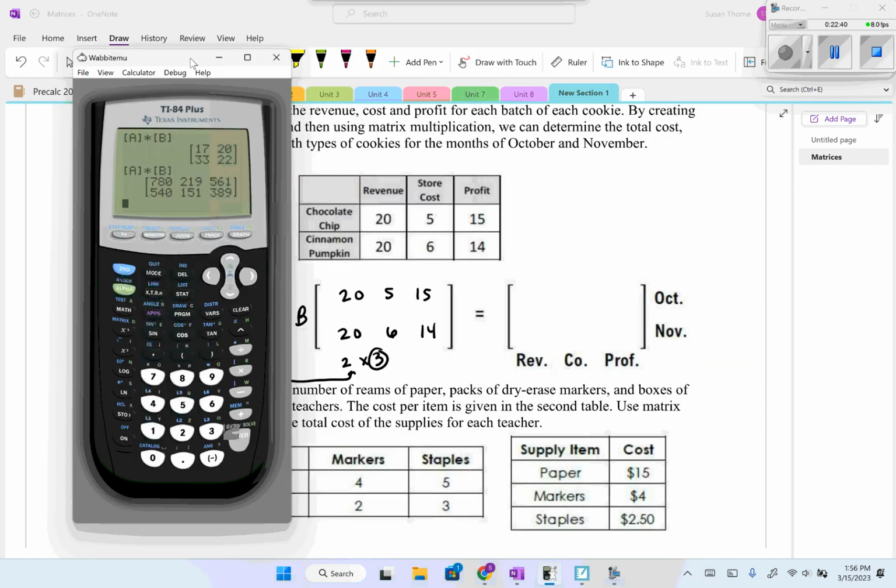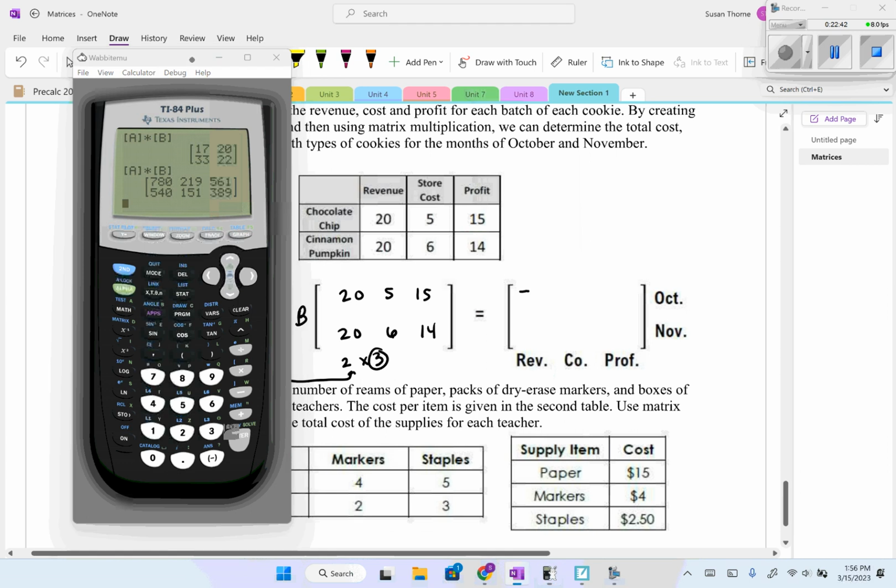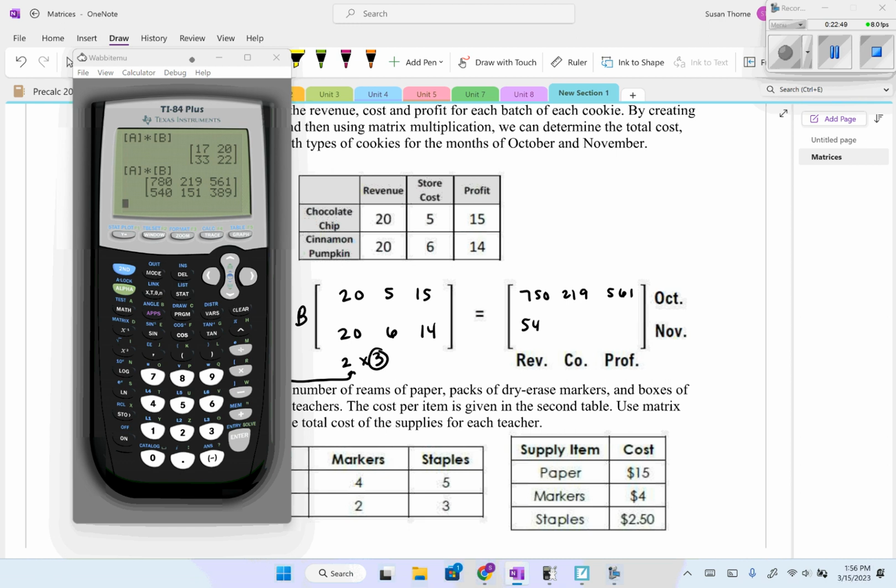So then our answer matrix, we have 750, 219, 561, 540, 151, and 389.